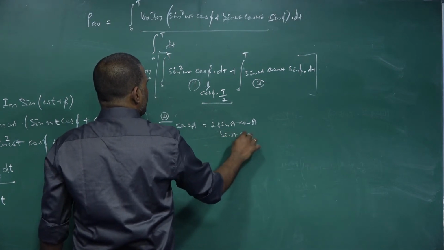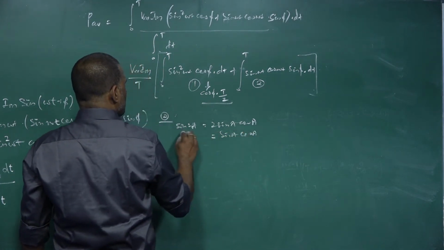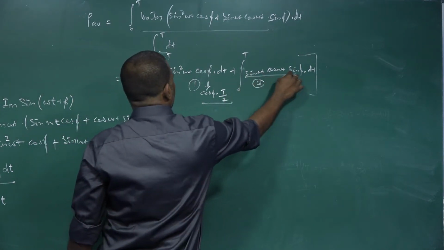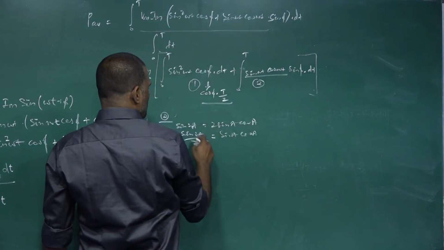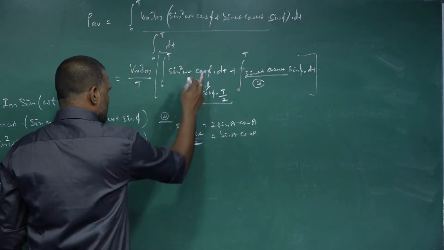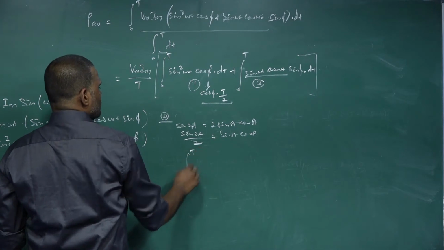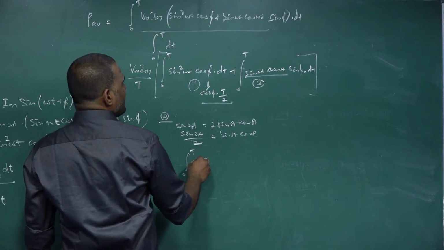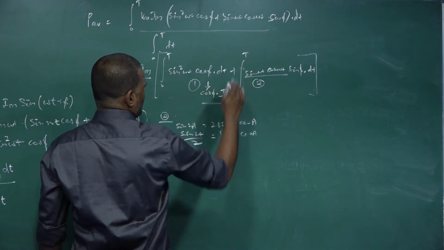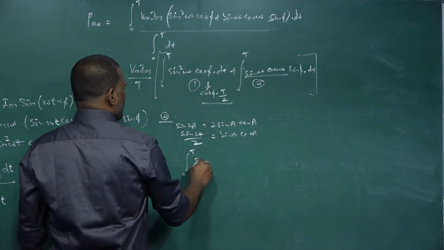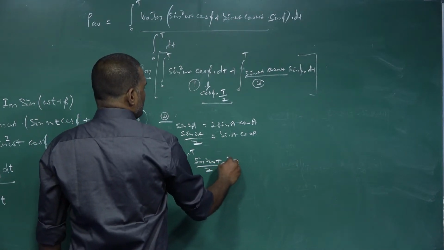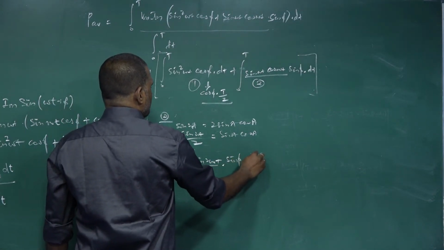So sin a cos a will be equal to sin 2a divided by 2. So I am going to write sin 2a by 2 instead of sin omega t cos omega t. So that integration gets transformed to integral 0 to T sin omega t cos omega t, sin a cos a. That is the form in which the expression exists. So I can write sin 2 omega t divided by 2 into sin phi into dt.